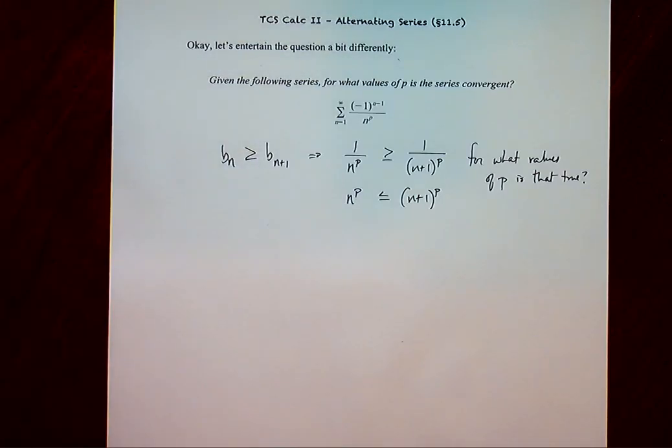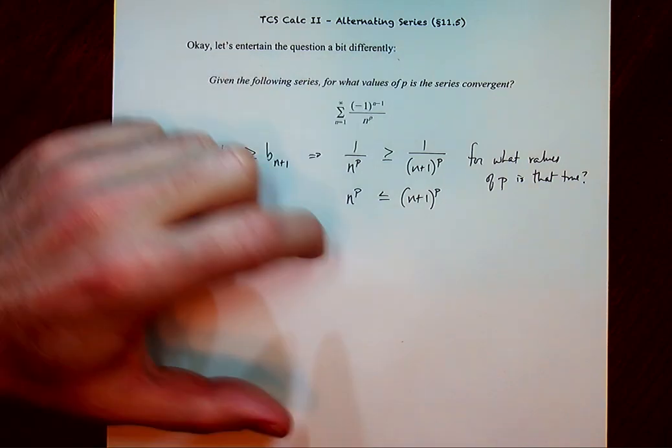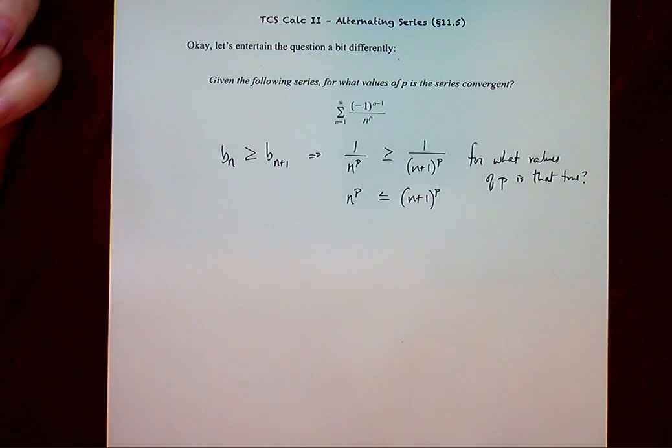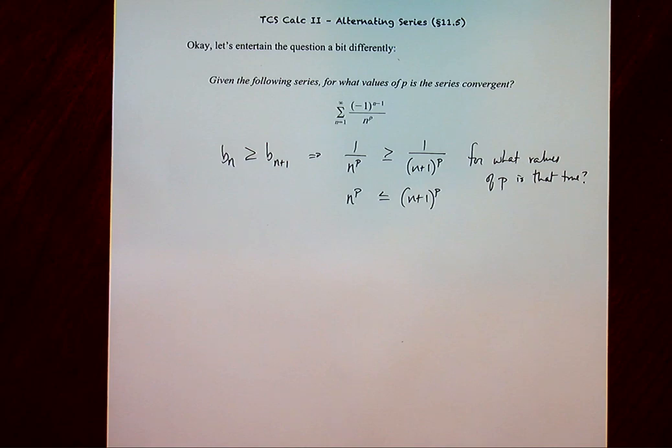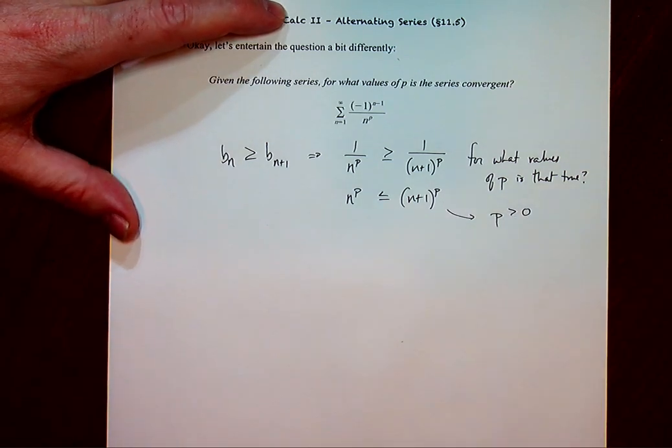Because when 1 over n to the p is greater than or equal to 1 over n plus 1 to the p, it's going to be the opposite relationship for their reciprocals. Okay, so when is that true? Well, I've got news for you. That is only true for positive values of p.